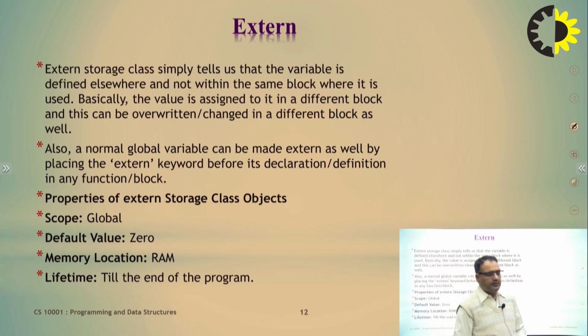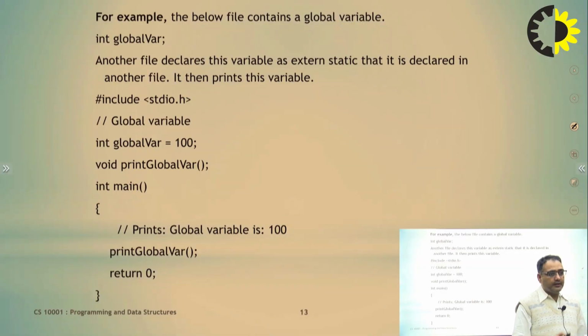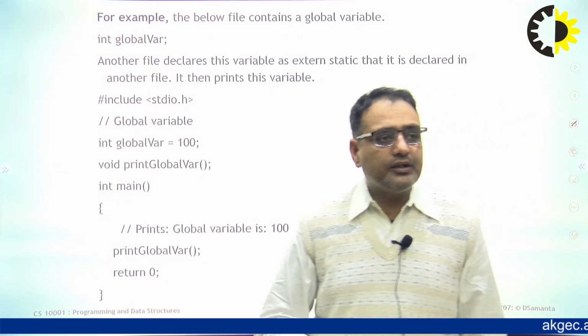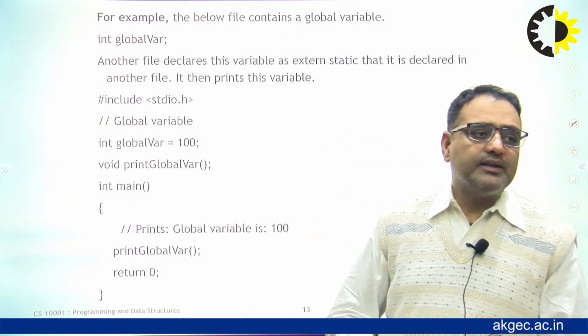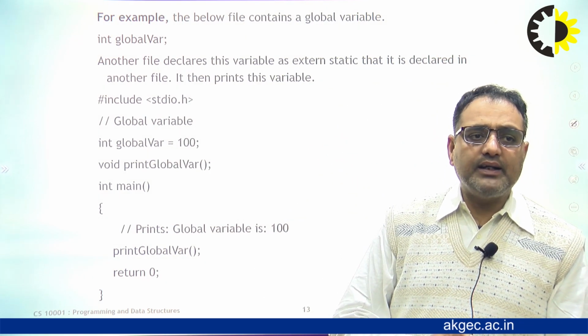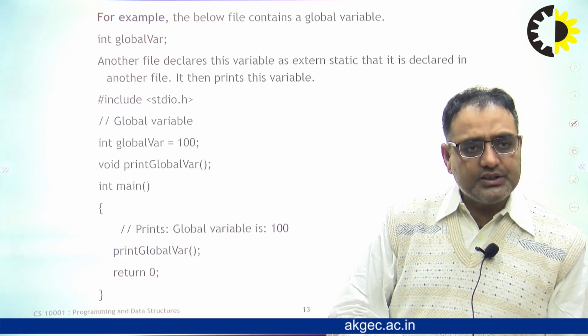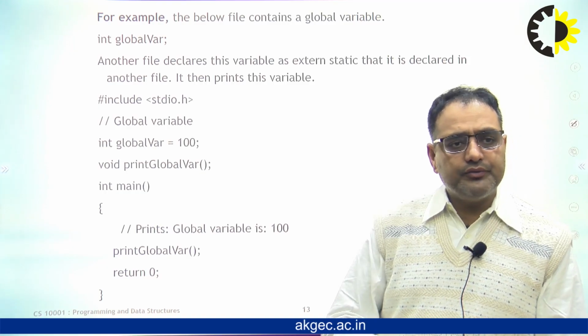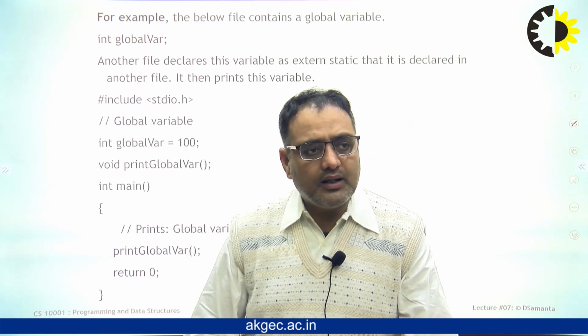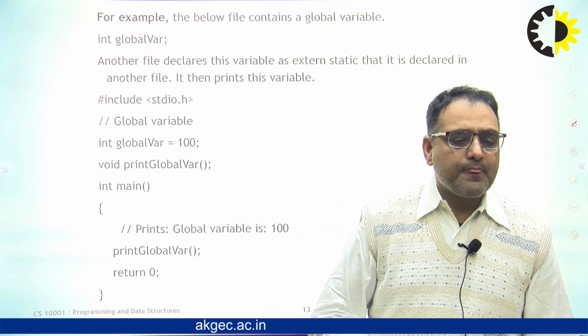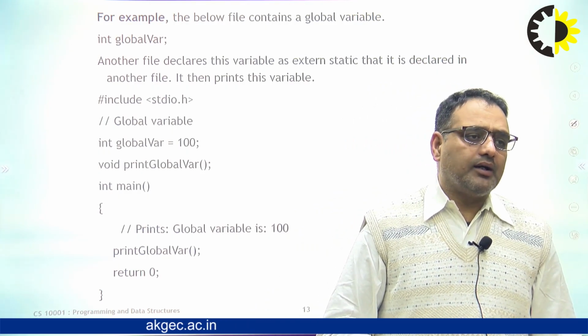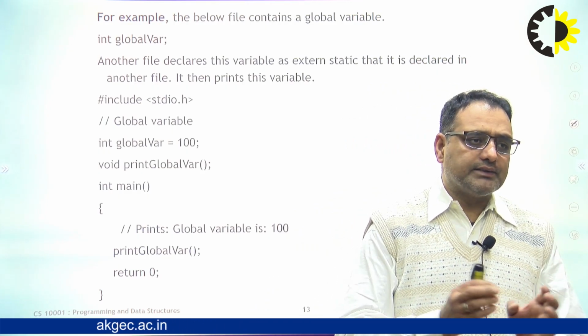For example, here in this example, int global_var is equal to 100. In this example, global_var is a global variable. It is not declared within a function. All the variables which are declared outside of the function are known as global variables.